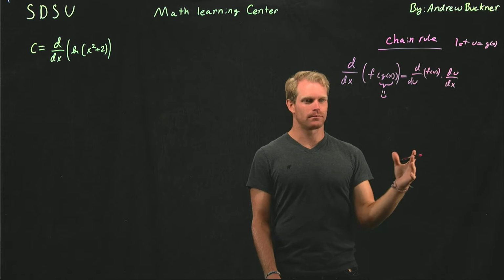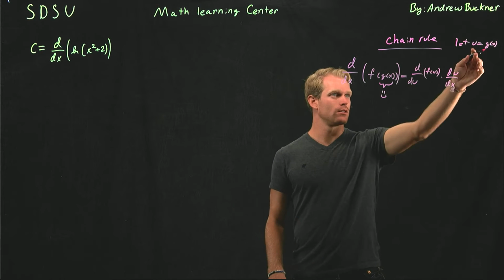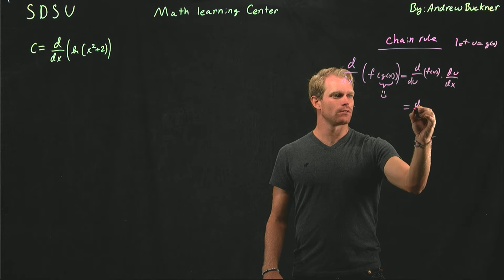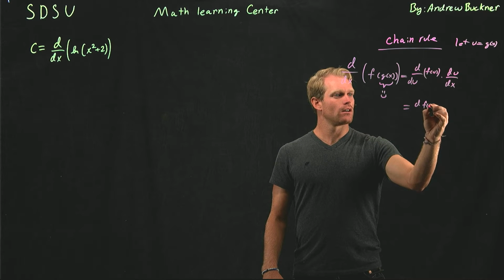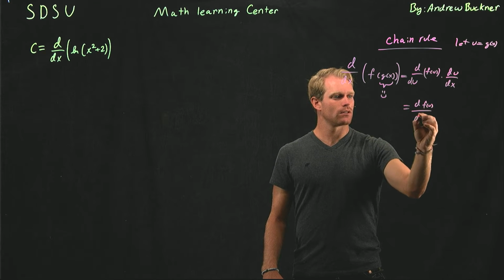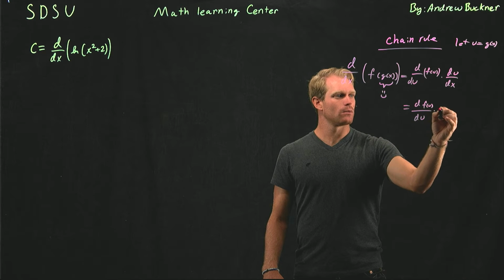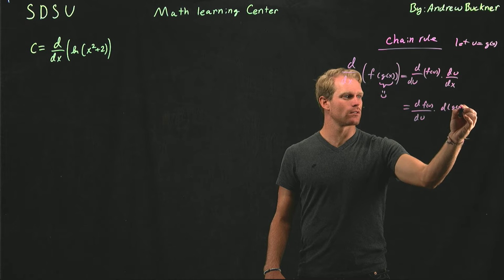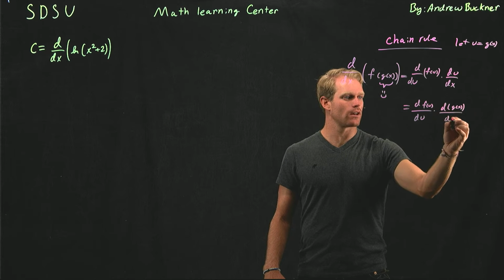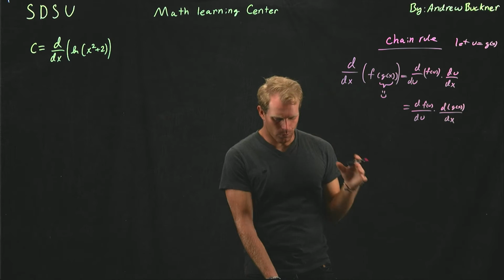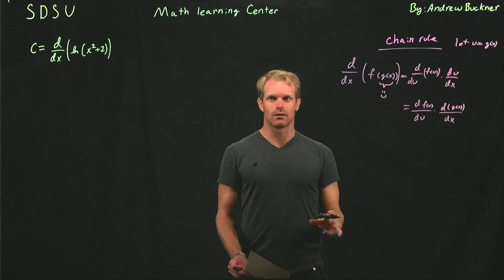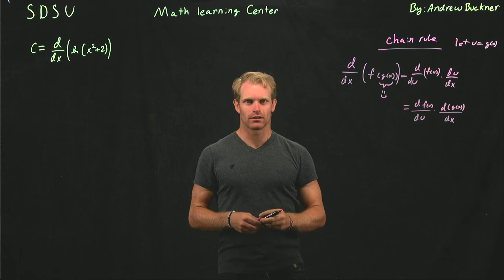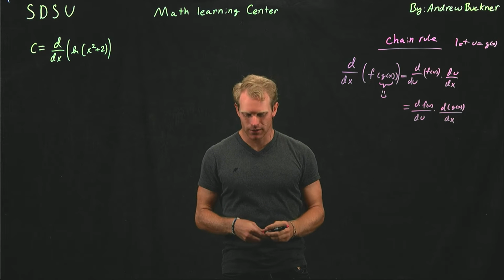When I plug in the u value into this function, I'm going to get the derivative of f of u with respect to u multiplied by the derivative of g of x with respect to x. And this makes things less complicated when we are dealing with a compound function.